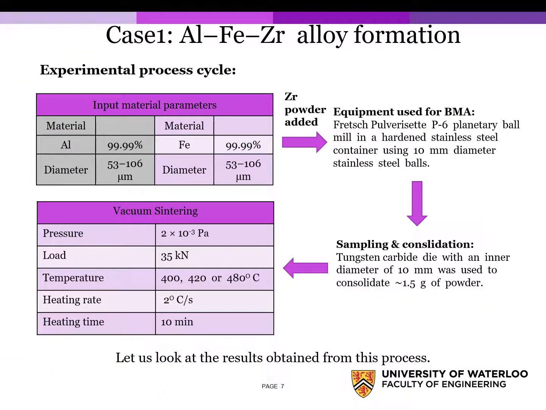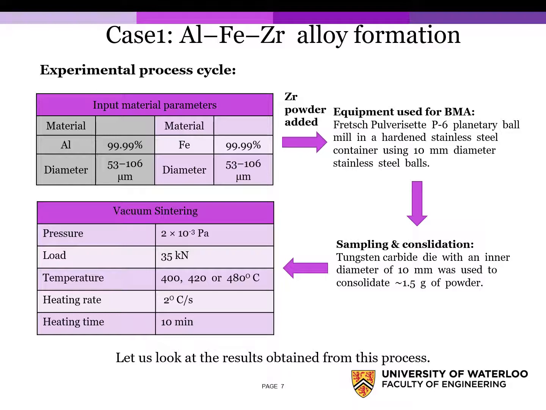This slide demonstrates case 1, which is aluminium, iron and zirconium alloy formation. In this case, BMA was done with a P6 planetary ball mill in a hardened stainless steel container with both 99.99% pure iron and aluminium, and then the samples were vacuum sintered.